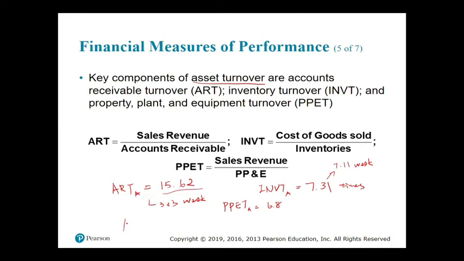So if you compare, inventory turnover for Nordstrom was about 5.46, and PPET for Nordstrom was about 4.71, whereas ART for Nordstrom was about 5.16.